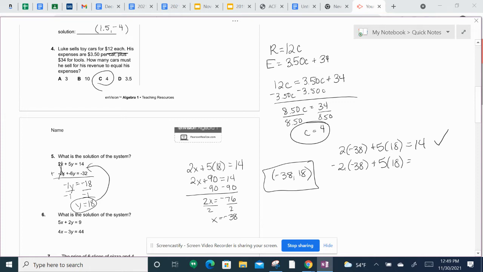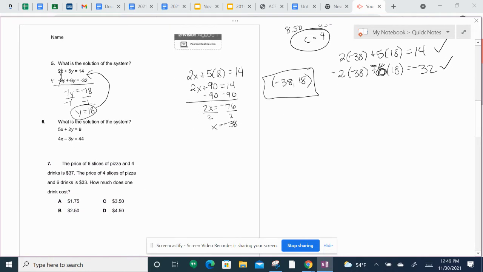Oh, because I wrote the wrong equation. Negative 2 times 38 minus 6 times 18 is equal to negative 32. Let's try that again. Negative 2 times negative 38 minus 6 times 18. That time I do get the negative 32. And so now I do know that that is the correct point.